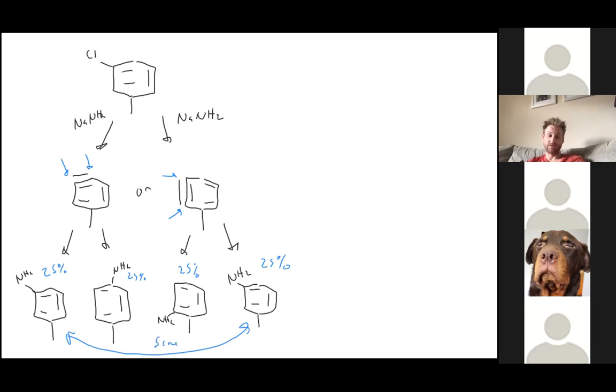So because they're the same, we'd end up with 50% of this major product, because we had 2 portions of 25% of it. And then these other 2 would be minors.